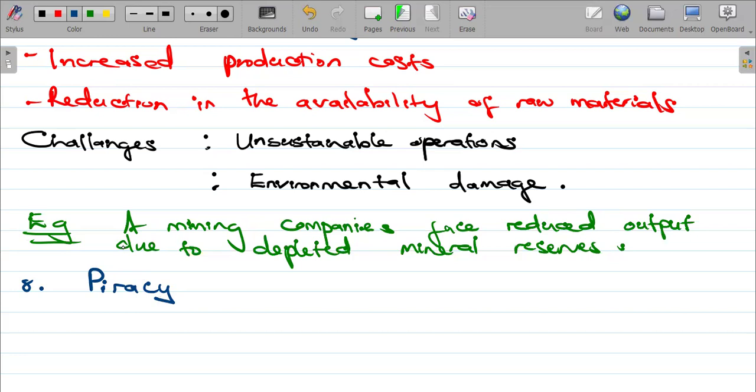Piracy is whereby a business product will be maybe copied by other competitors in the market, right?